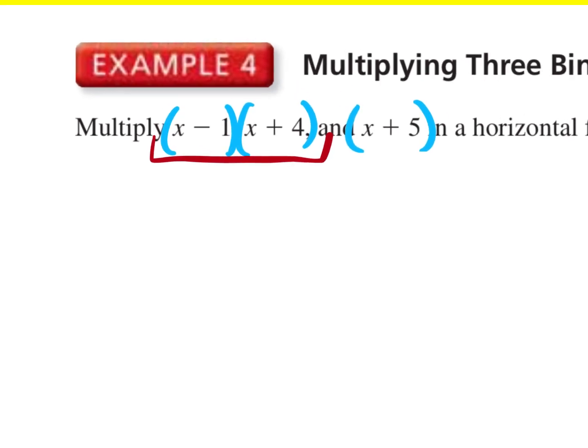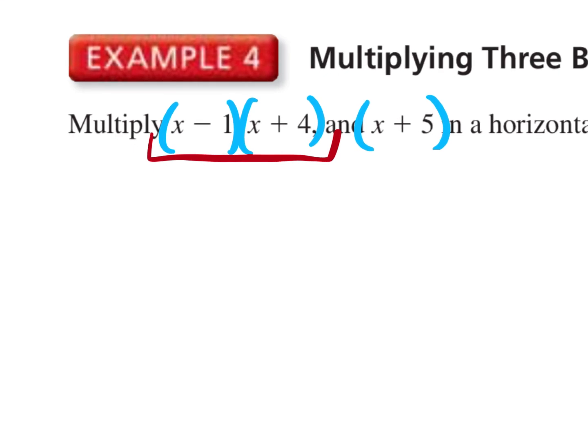So how would I multiply x minus 1 times x plus 4? FOIL. So x times x is what? X squared. X times 4, 4x. Then I have negative 1 times x, negative x, and negative 1 times 4. Negative 4.